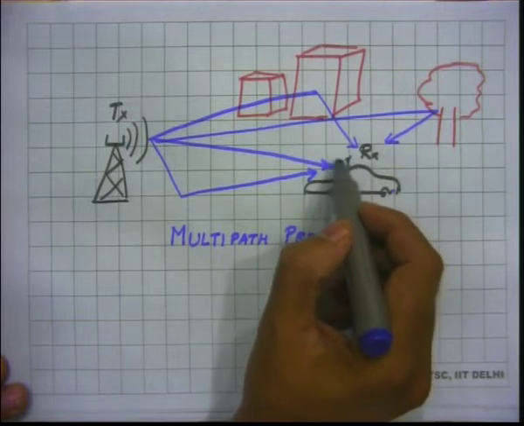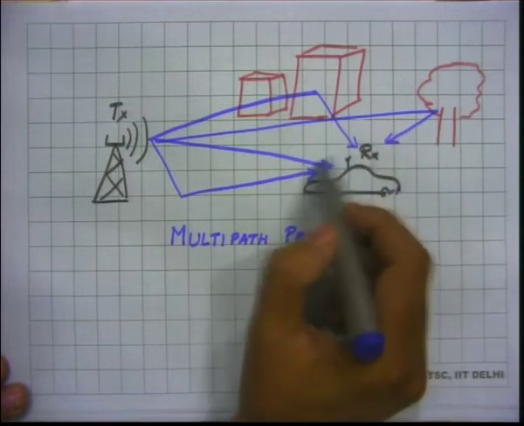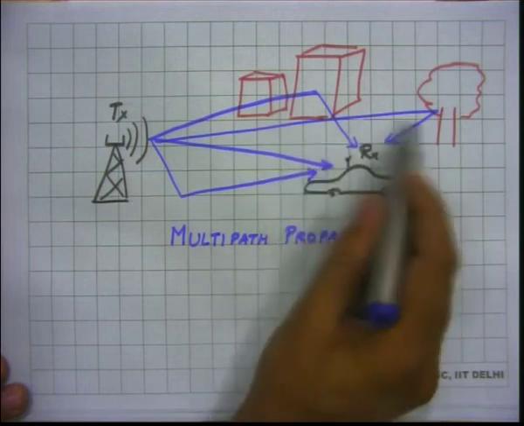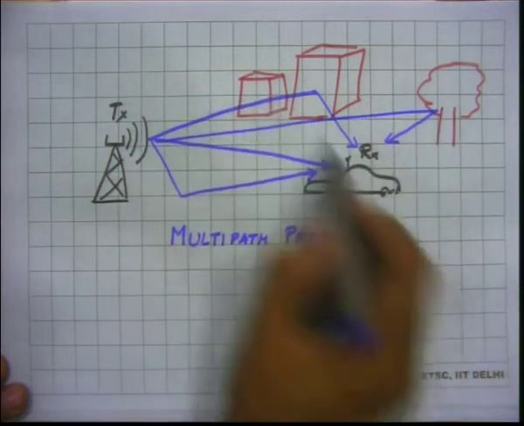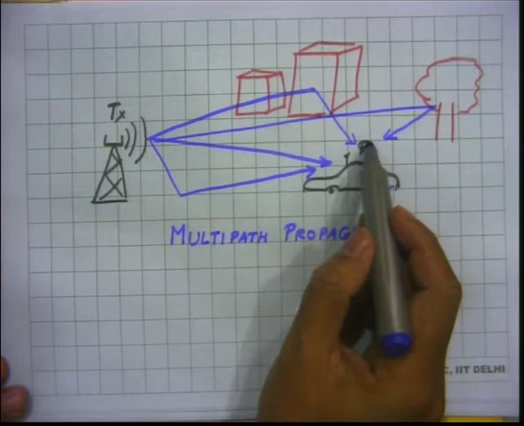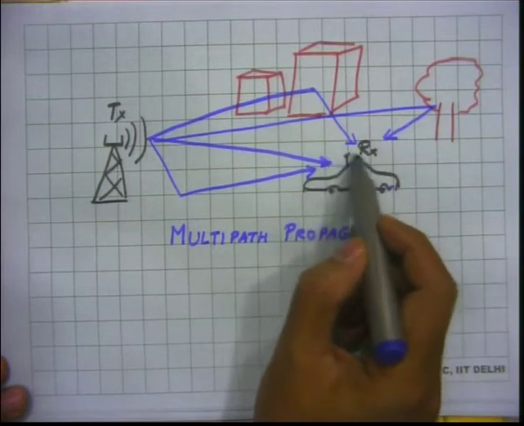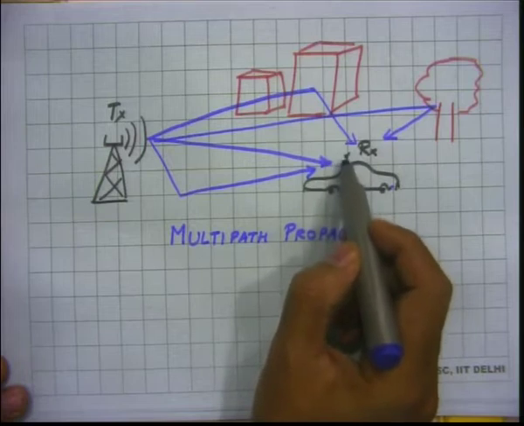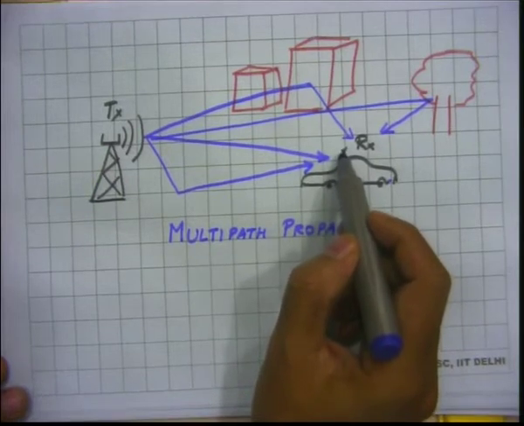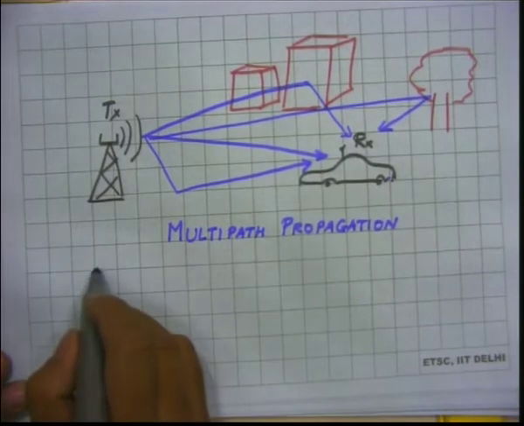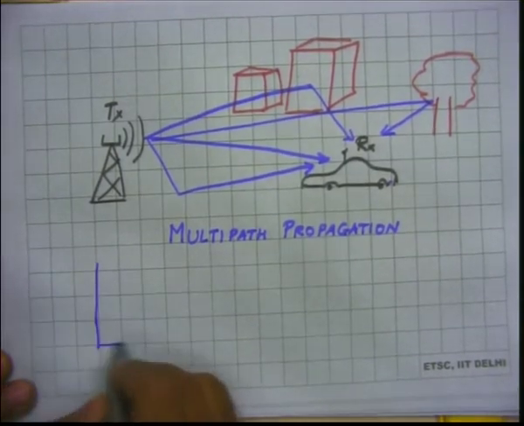Now, because of these paths reaching the receiver with delays, because longer path means more delay and hence a phase shift, they can add up and have a destructive interference also, leading to the loss in the signal strength.